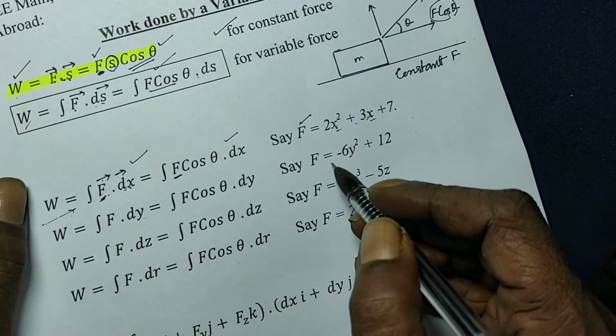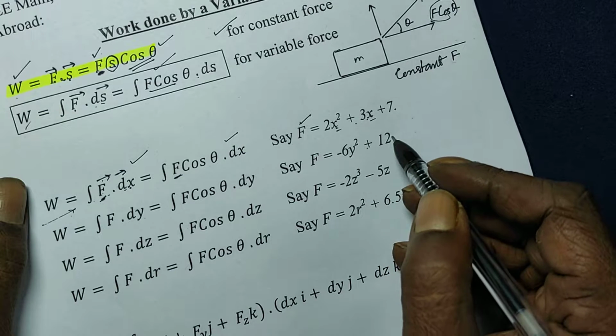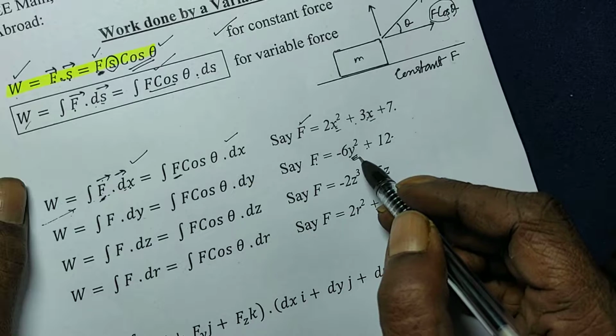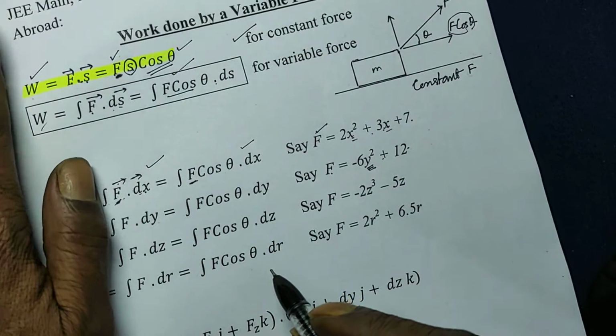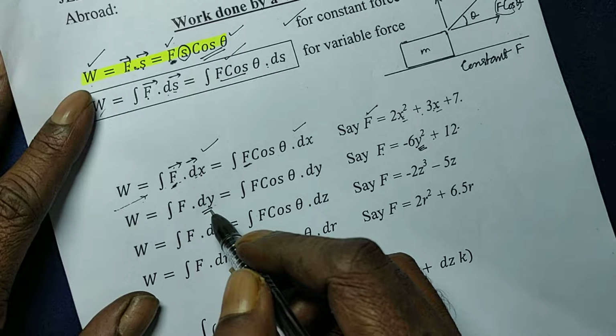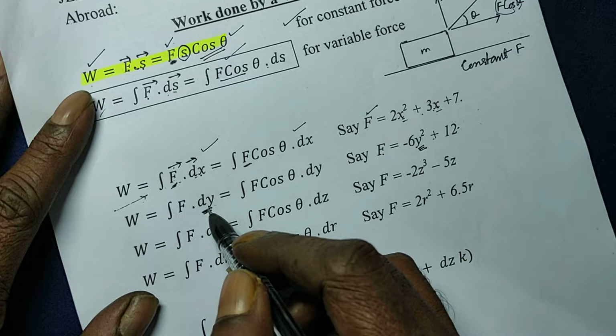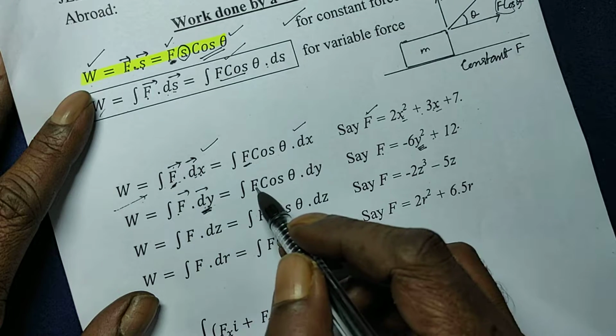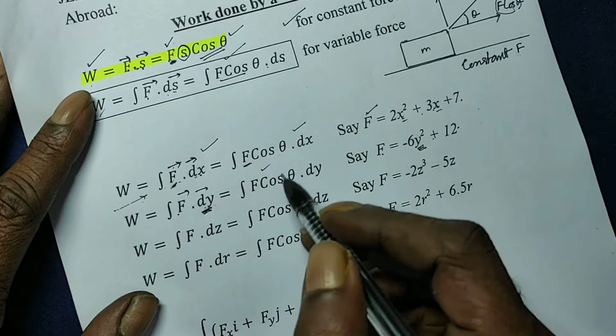Suppose F is given as minus 6y square plus y, meaning F is changing according to the different values of y. Then what notation do you have to use? Then you have to take the small displacement dy, small displacement in the direction of y. So F dot dy, that is equal to F dy cos theta, integration of that.